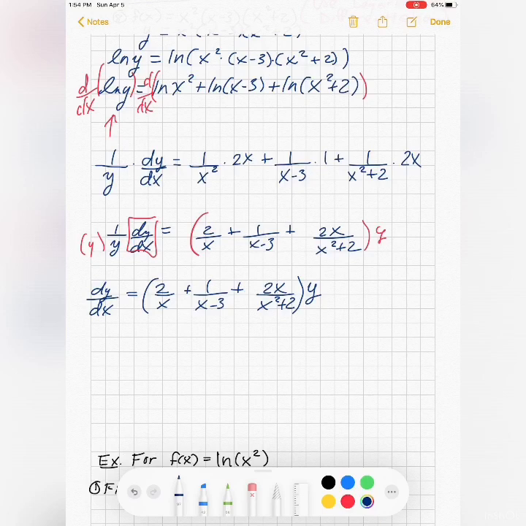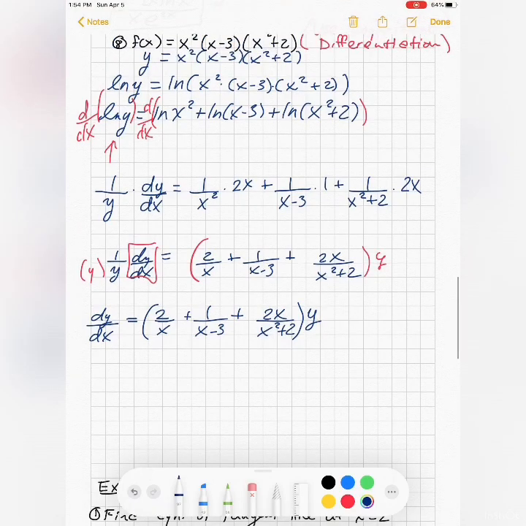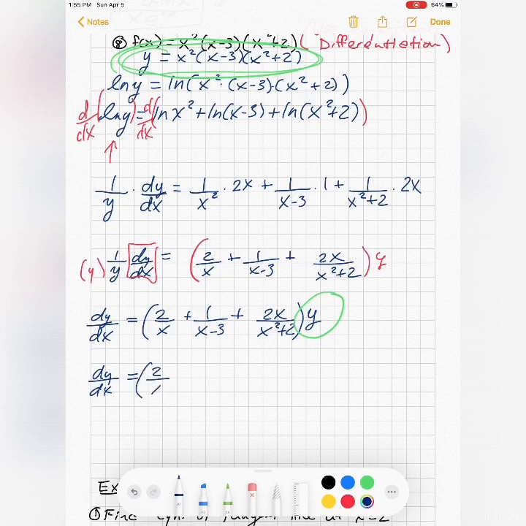But then I really don't want to have that y in the answer. I really just want to have x's in the answer. But can't I take care of that easily? Because look, up here, here's y. That's the original function, isn't it? So wouldn't I just replace the y by that function? Let's see what that would look like.